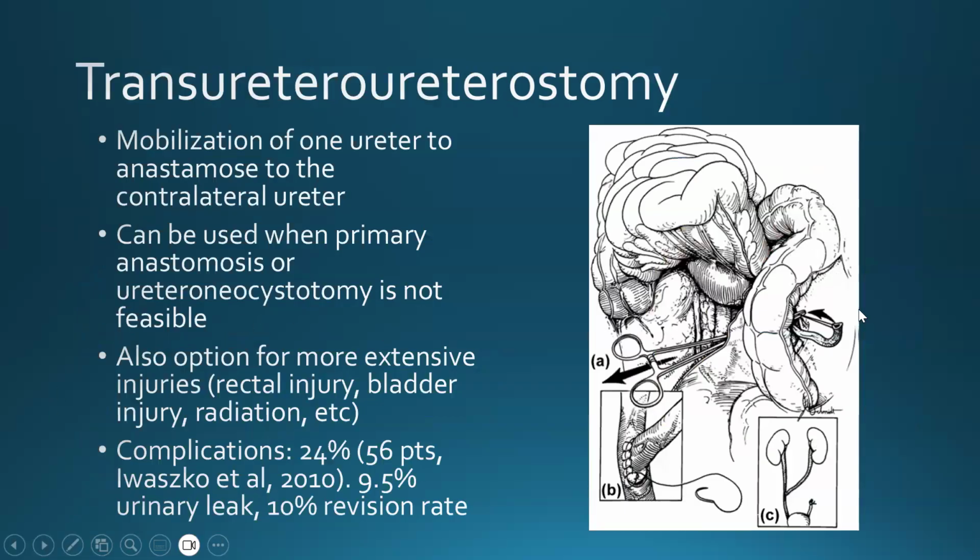The next technique is a transureteroureterostomy. This involves mobilization of one ureter to anastomose to the contralateral ureter. This can be used when primary anastomosis or ureteroneocystotomy is not feasible. It's also an option for patients who unfortunately sustain a more extensive injury, so patients who have a concomitant rectal injury or perhaps a bladder injury, as well as patients who have been irradiated. This may be an instance in which we don't want to do a ureteroneocystotomy.